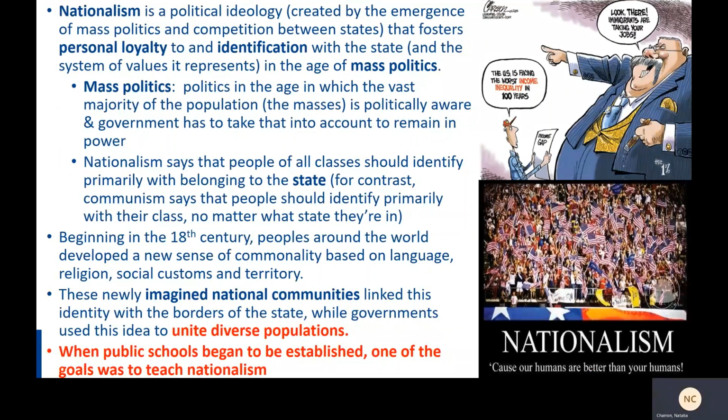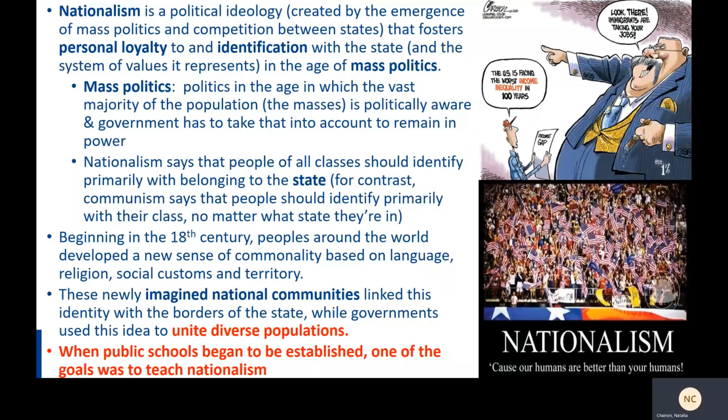So let's look at what nationalism is. Nationalism is a political ideology created by the emergence of mass politics and the competition between states that promotes personal loyalty and identification with the state and the system of values it represents in the age of mass politics. This means it promotes getting a serious sense of identity from the place you belong.